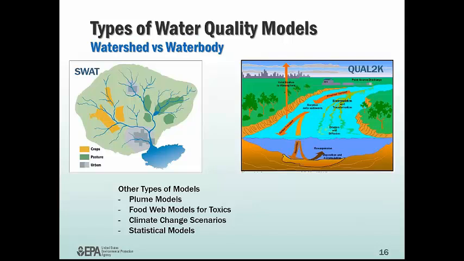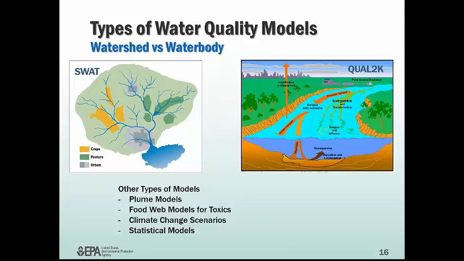The first webinar talked about the difference between a watershed model and a water body model, so I won't go into those in too much detail, but you should be aware that there are other types of models available. We have plume models that look at dispersion and mixing of discharges with ambient water.